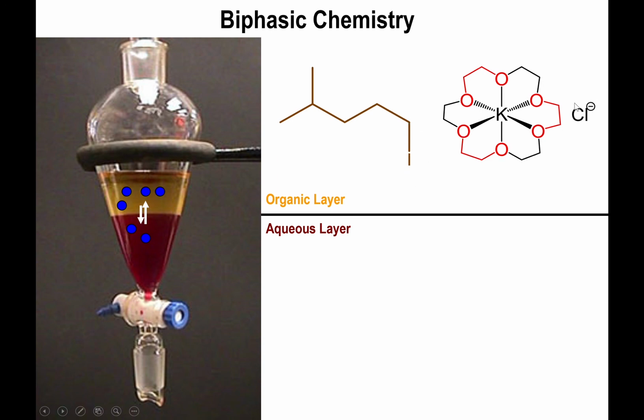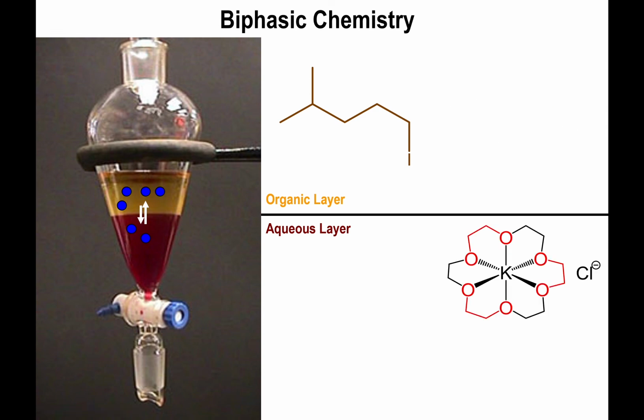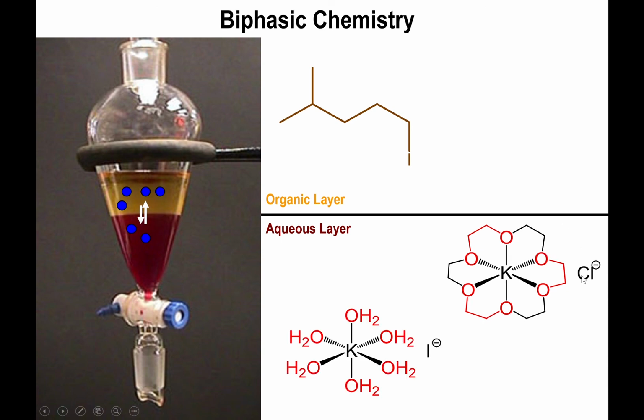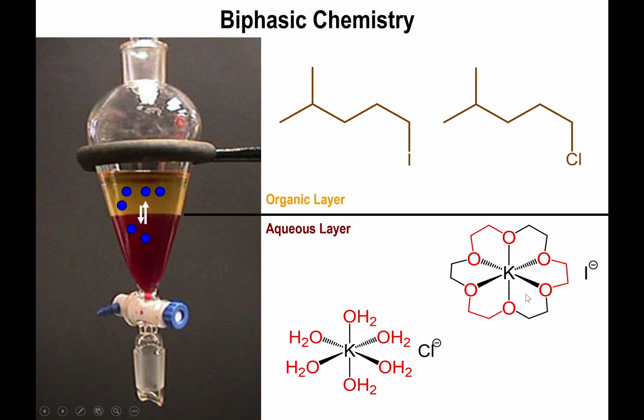Now we have the iodide and we have formed the chloride. And so what happens now is that you bring that molecule over to the surface that separates the organic and aqueous layer, and you basically exchange that chloride for a new iodide. And then you repeat the process by bringing your crown ether iodide back into the organic layer, and you carry out your SN2 reaction.